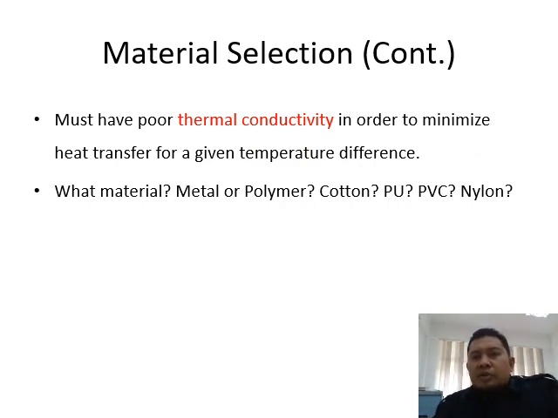As for the thermal blanket, the purpose of the blanket is to retain the temperature of an object. For example, your body. For example, the pressure vessel. Another one is the pipe with hydrocarbon.